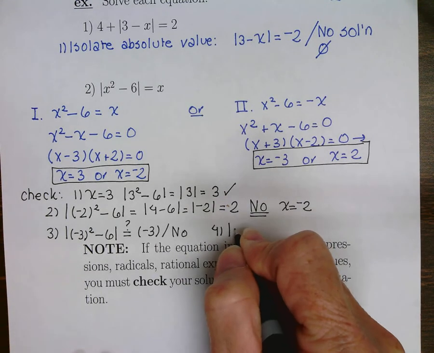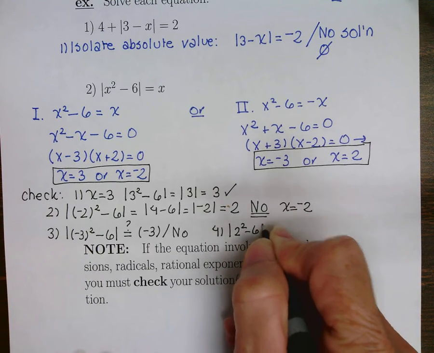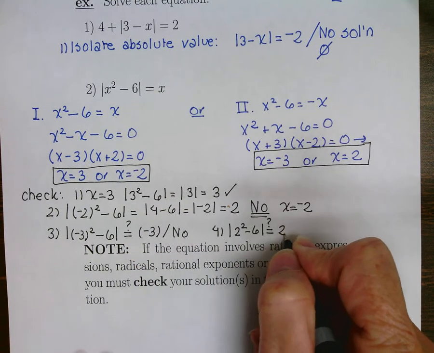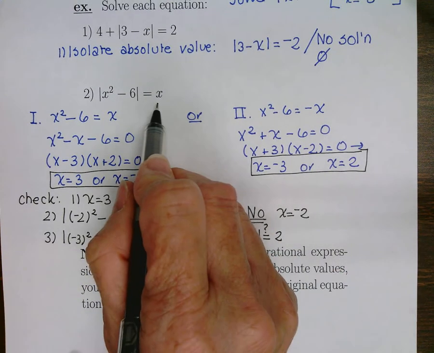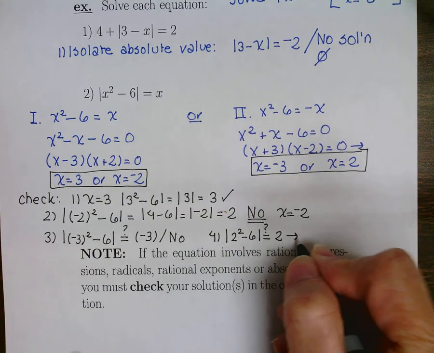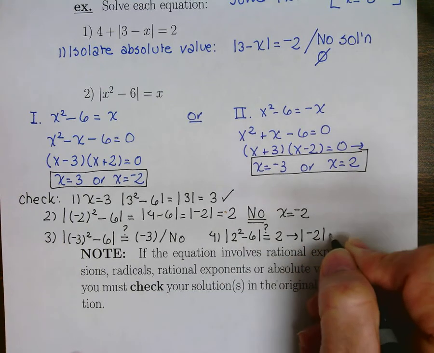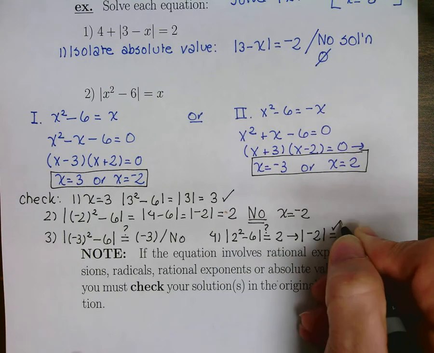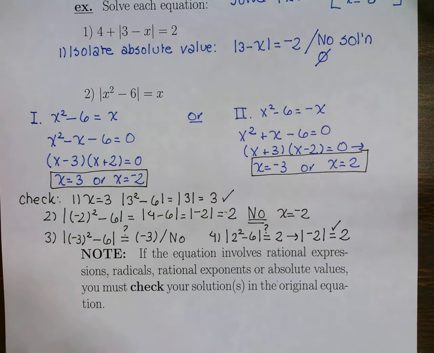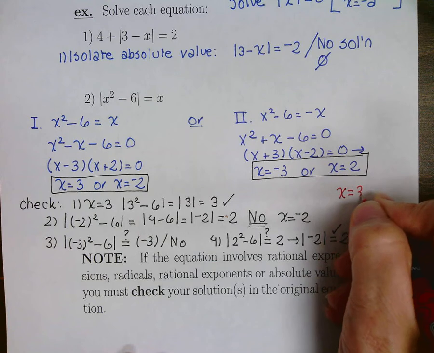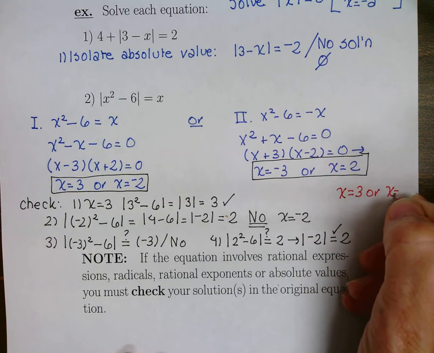X being +2, I get 2 squared minus 6. And the question is, is that equal to just 2 itself? Okay, remember I'm going back to this equation to solve. And sure enough, I get 4 minus 6 is the absolute value of -2, but we know that that's 2, so it works. So what are my solutions, the legitimate ones? X equals 3 or x equals 2.